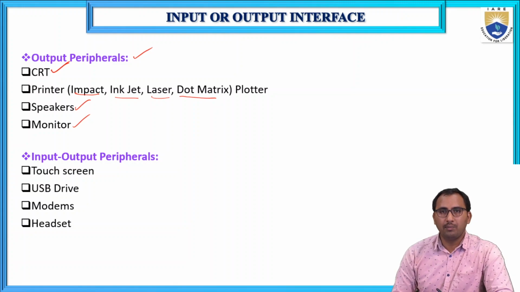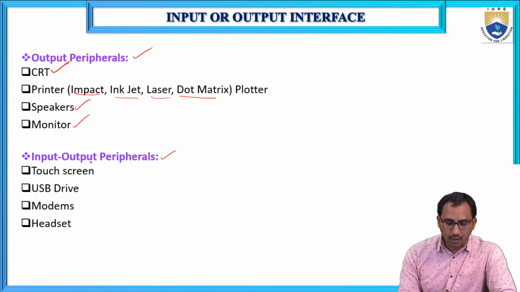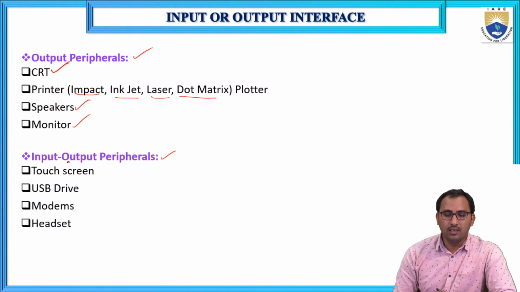And coming to the third type of peripherals, the input-output peripherals. Till now we have seen input peripherals and output peripherals. This third type is called input-output peripherals. Input-output peripherals are those which act as both input peripherals as well as output peripherals.